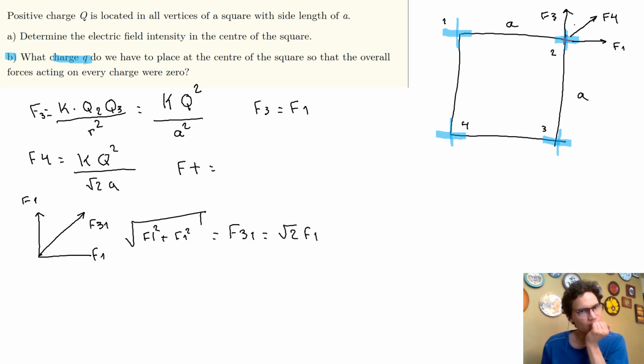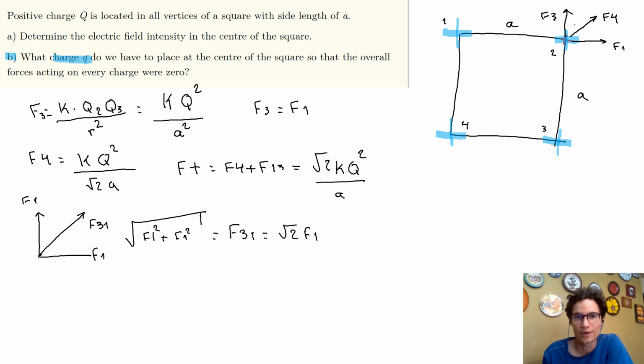What else? We put this on the sum, and this will be equal to F4 plus F31. So we can sum this. We know that F31 is square root of 2 times F1, and F1 is K times Q squared over A squared.